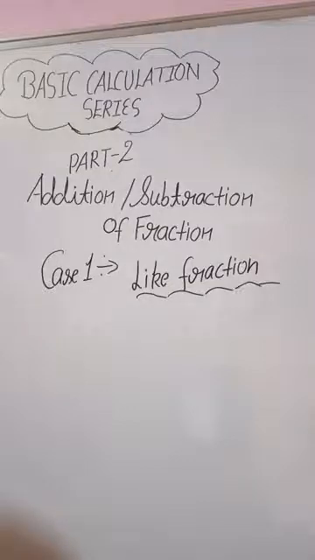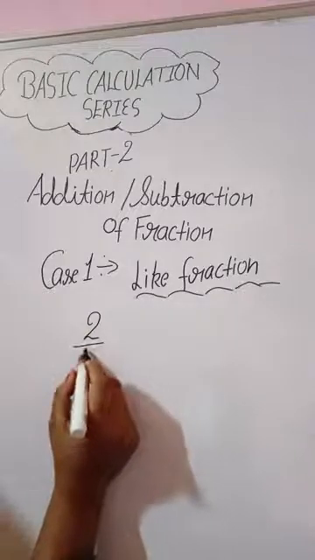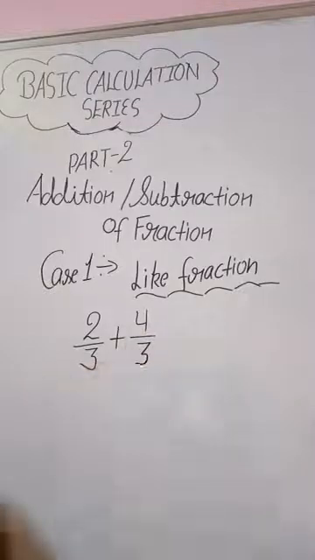Suppose we are given two fractions, 2/3 plus 4/3. The first task is to identify whether the given fractions are like or unlike. We check the denominators. If the denominators of both fractions are the same, then the fractions are like, otherwise they are unlike.